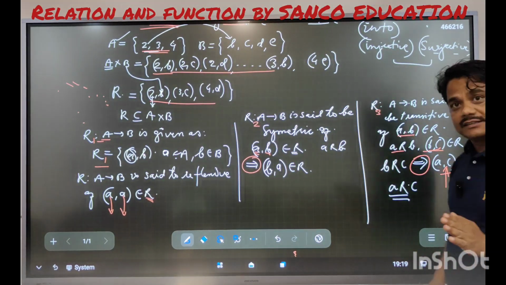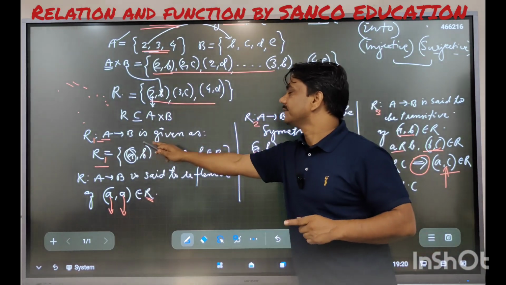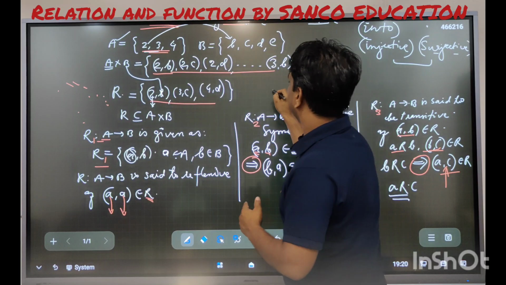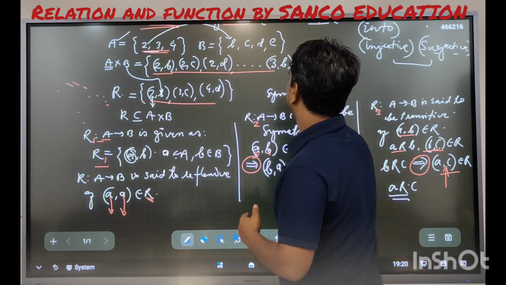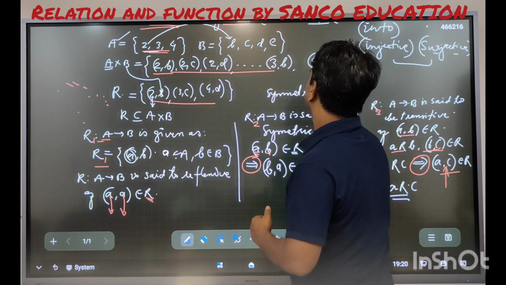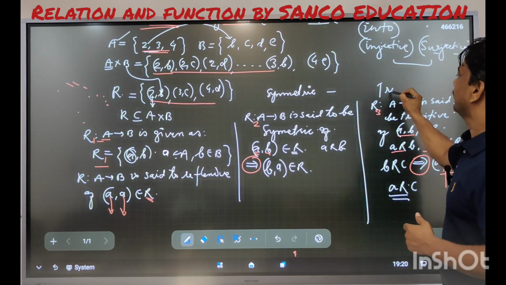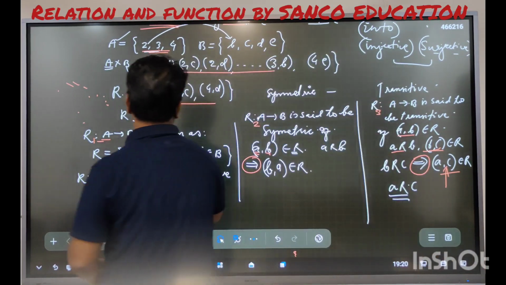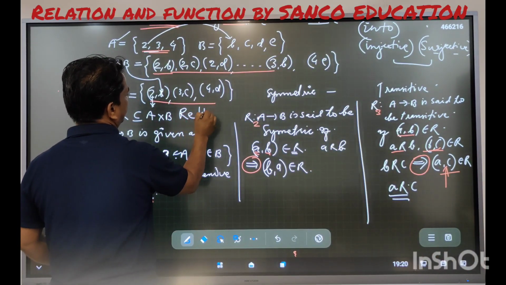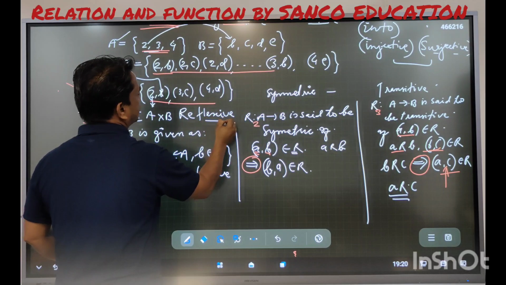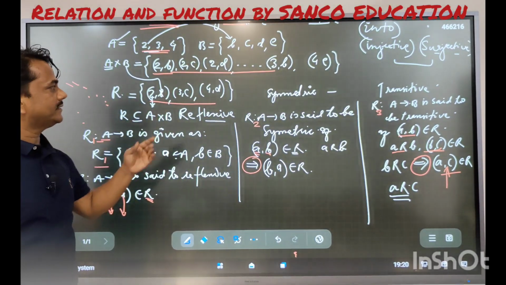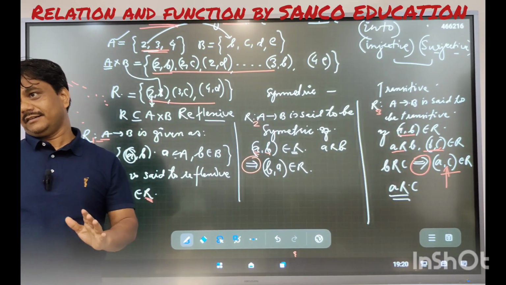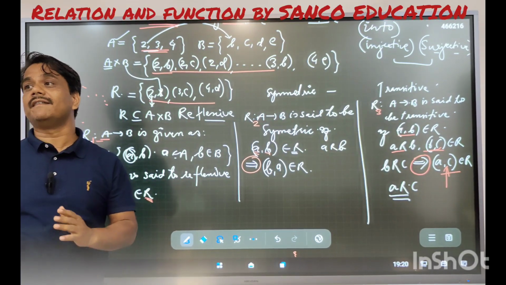So a relation that is reflexive, symmetric, and transitive: here this is symmetric, and this is transitive, and this is reflexive. A relation which is reflexive, symmetric and transitive is said to be an equivalence relation.